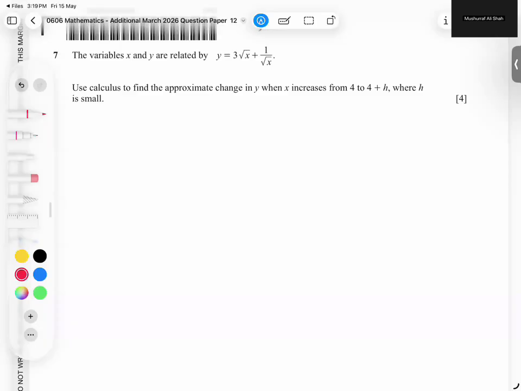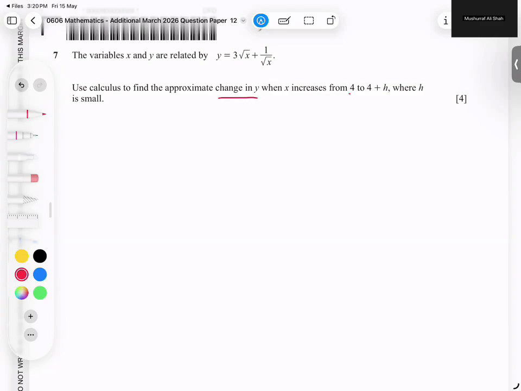Question number 7. If you look carefully, students, we have to find the approximate change in y. How to get the approximate change in y? So step number 1, this is important.